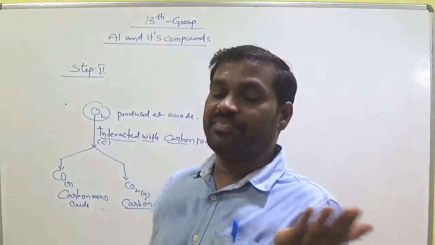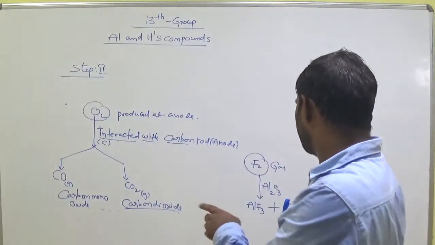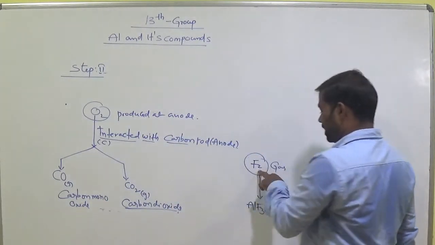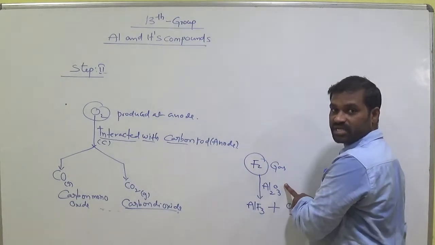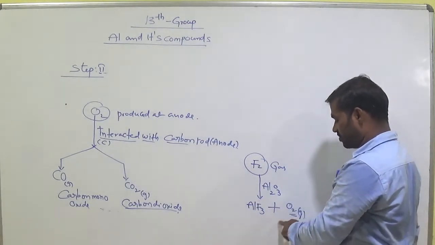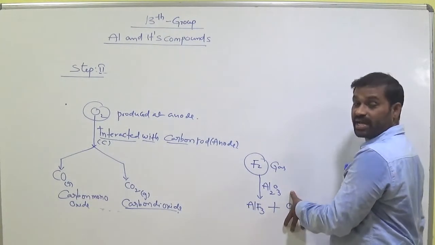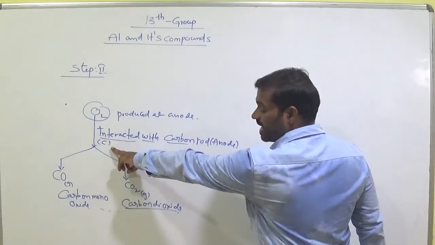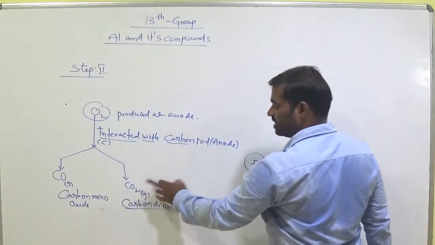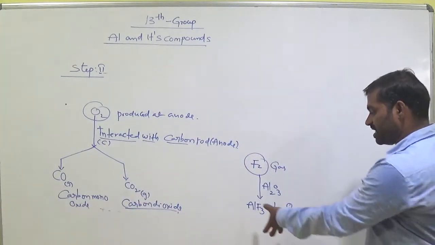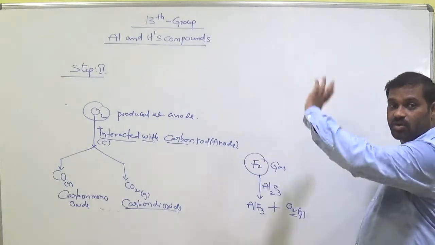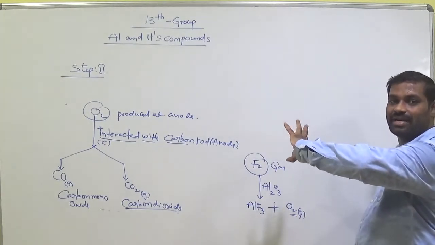So the remaining fluoride ion becomes F2, and it is further treated with Al2O3 in the cell. It becomes AlF3 and O2. This formed O2 again interacts with the carbon rod, that is the anode. It produces carbon monoxide and CO2 again. Okay. So this AlF3 again undergoes ionization as Al plus 3 and F minus.